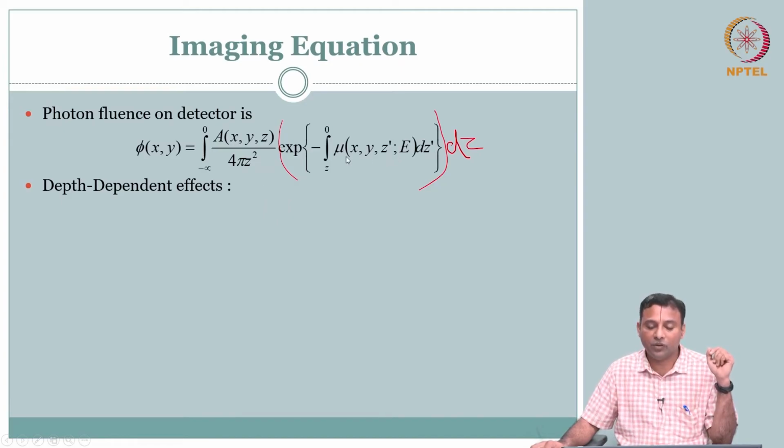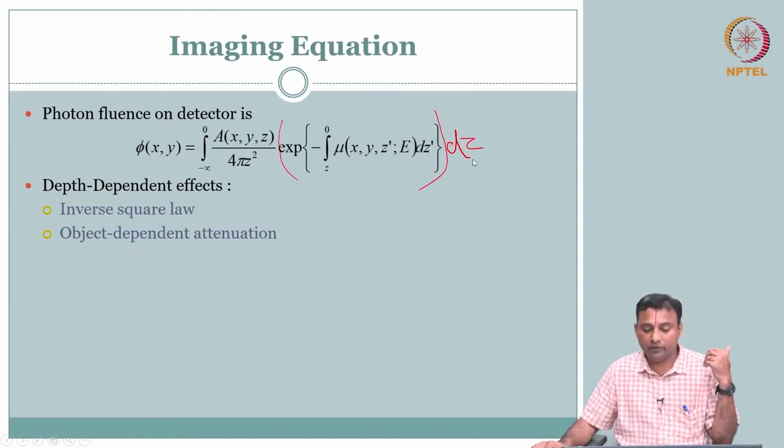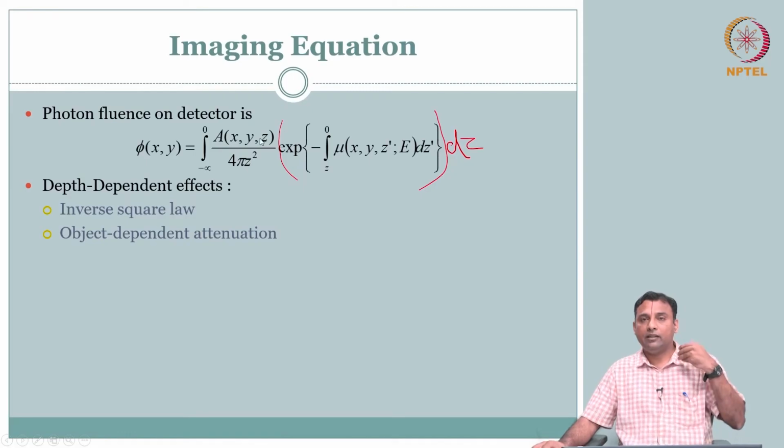The Z appears both here, which is your depth dependent effect, and here. So you have object dependent attenuation.